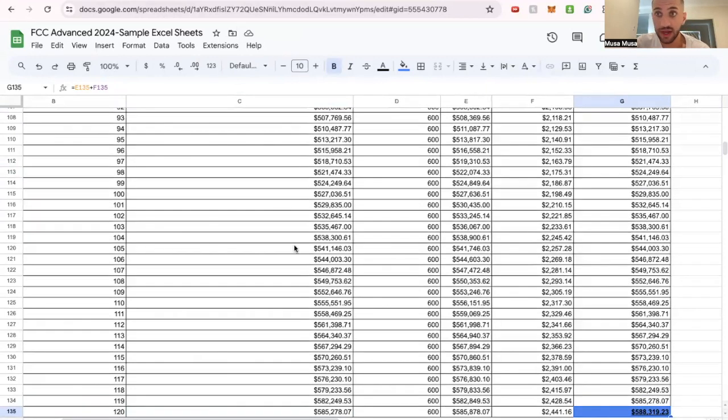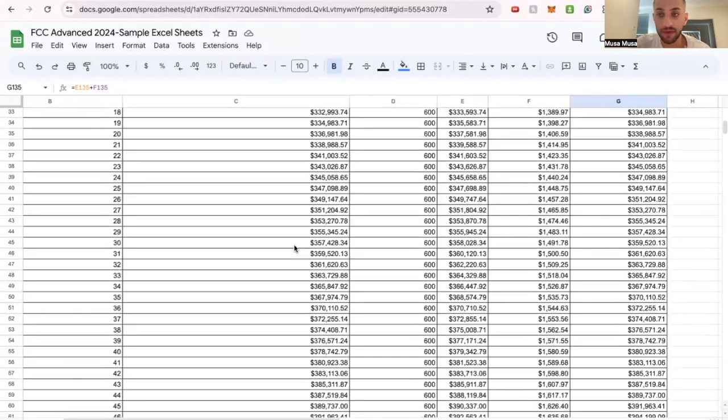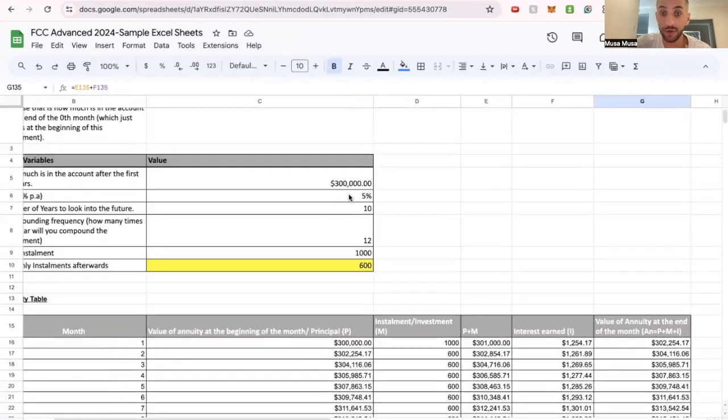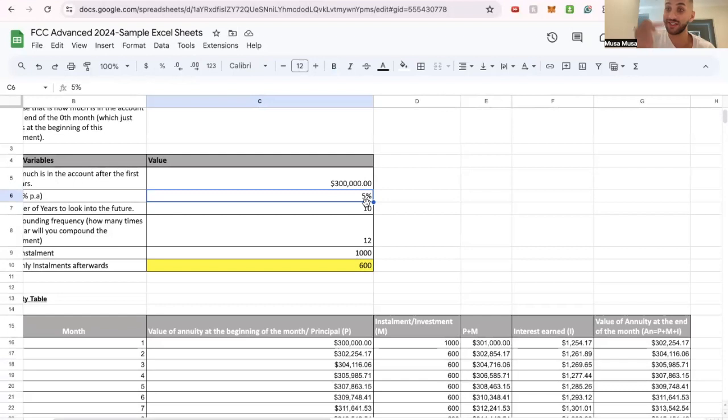The problem is that interest rates aren't always going to be 5%. Sometimes they might go to 3%. Sometimes they might go to 7%. If you're investing $600 every month and the interest rates go up from 5% to 7%, that's better for you because now you get more interest.